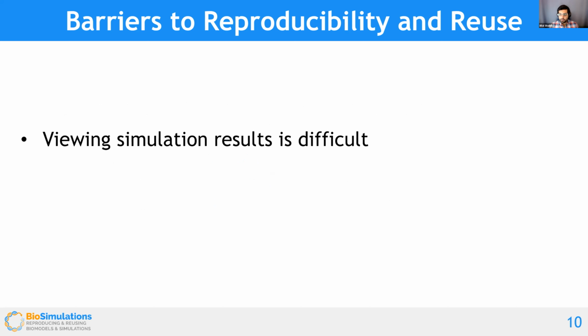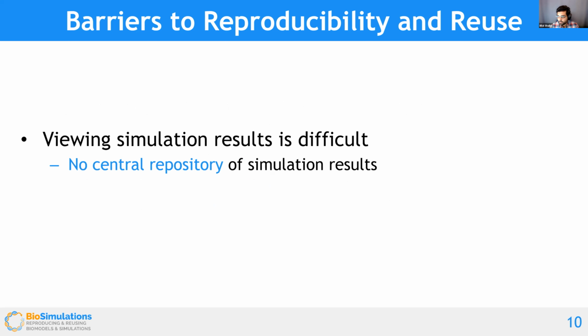Also difficult is viewing actual simulations and simulation results. We were talking about the BioModels database, where we can go and download models, but we don't really have a central repository similar to that for simulation results.